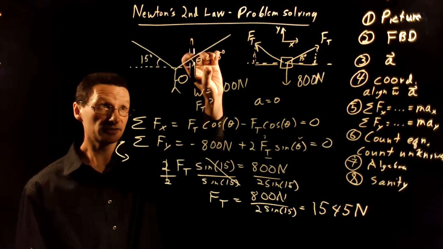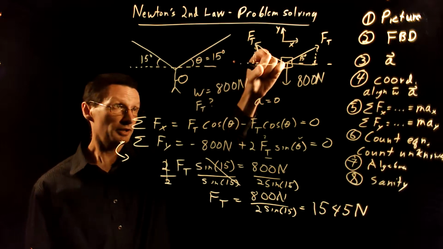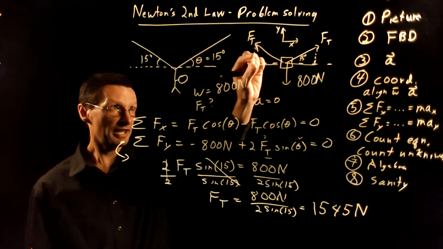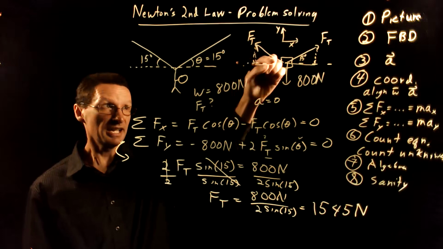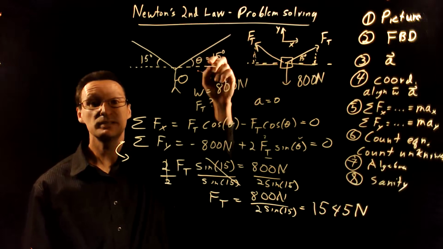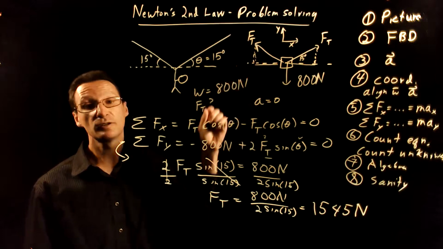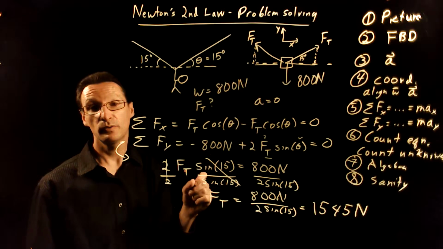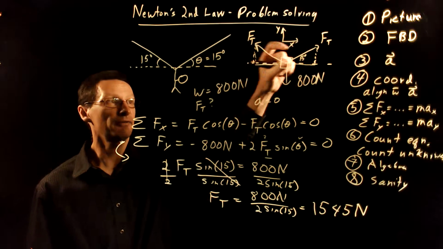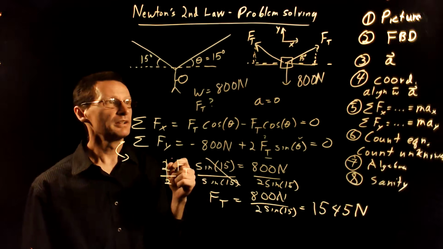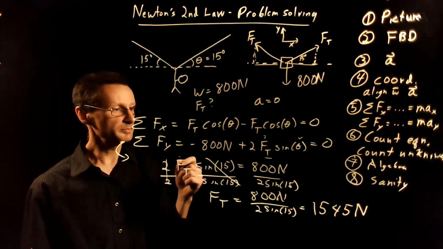Because this angle is really small, if you shrank this angle, that vertical part would shrink. And then the magnitude of this would have to increase to make this vertical part big enough to offset the half of the weight, because you have half of it on each side. So actually this does make sense.